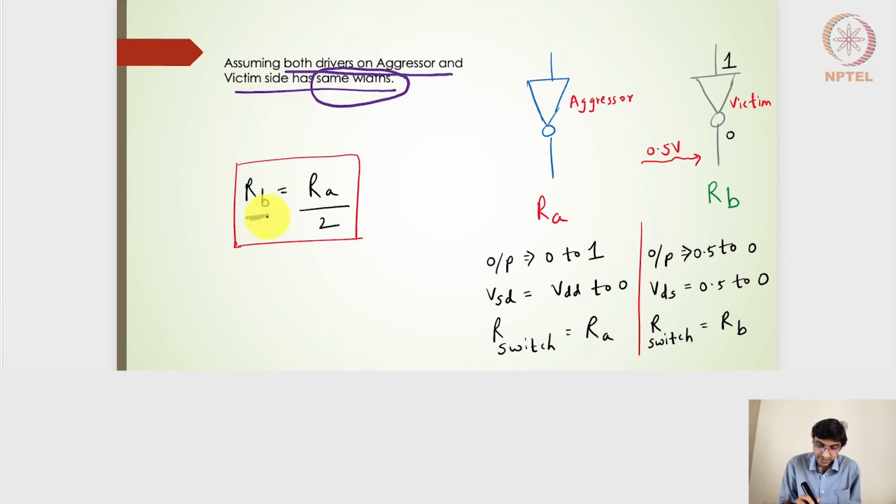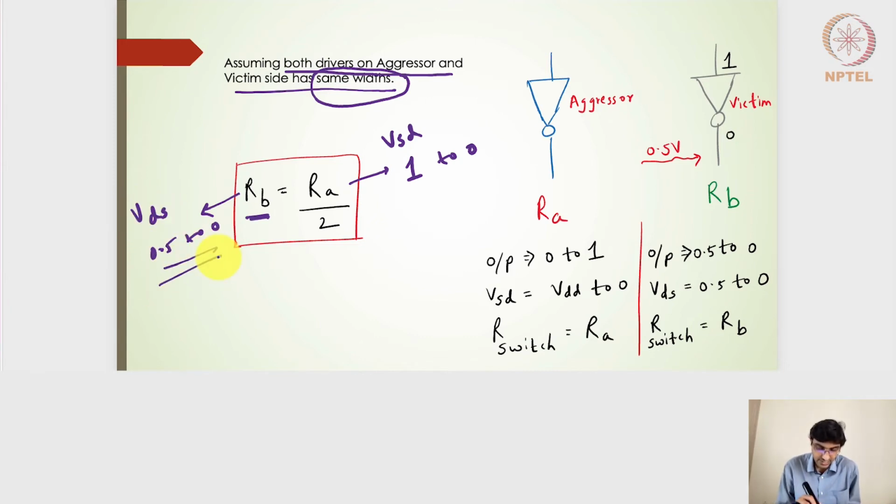My RB is going to be approximately half, I'm taking a very approximate measure, because the voltage on the B side is 0.5 to 0 volts, and here on the A side it is 1 volt to 0 volts, if I'm talking about VSD on the PMOS side and VDS on the NMOS side.